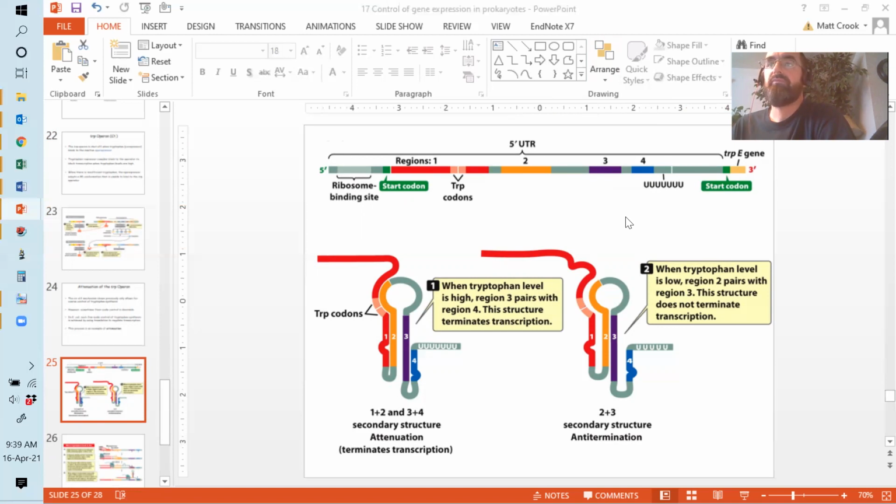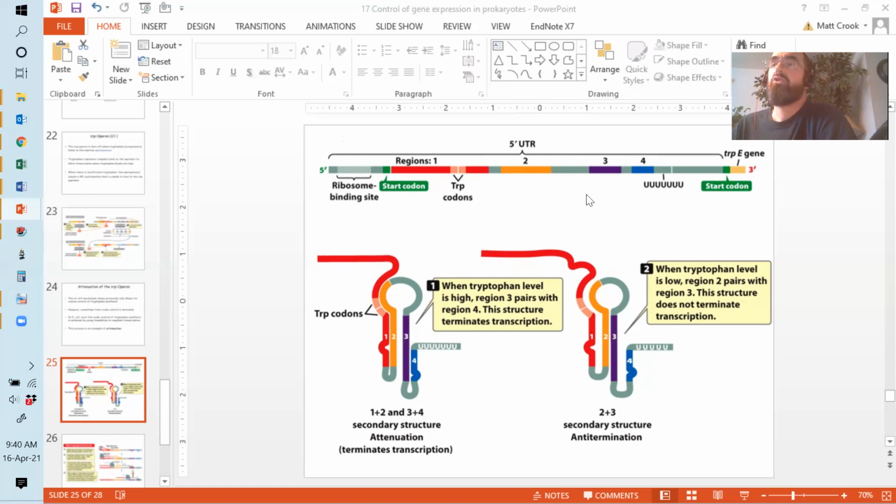Also, regions 2 and 3 can form a loop as well, right? So if 2 and 3 form a loop, 3 is no longer available to pair with 4, so you don't get the terminator loop formation, right? That's how this all works.